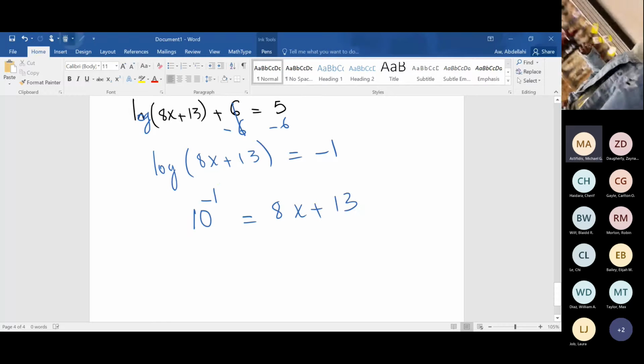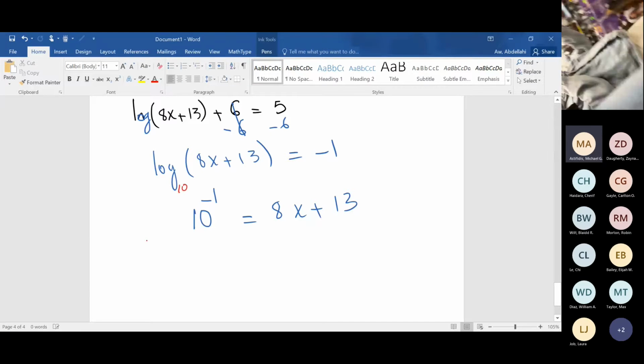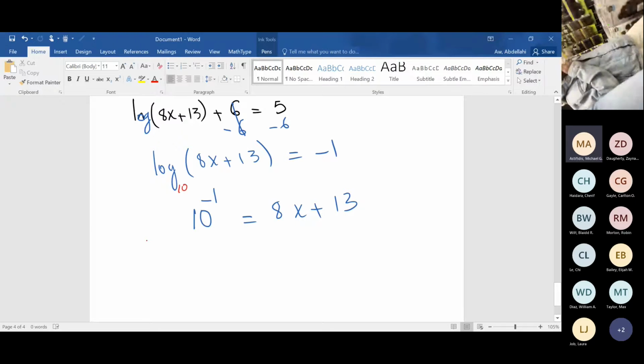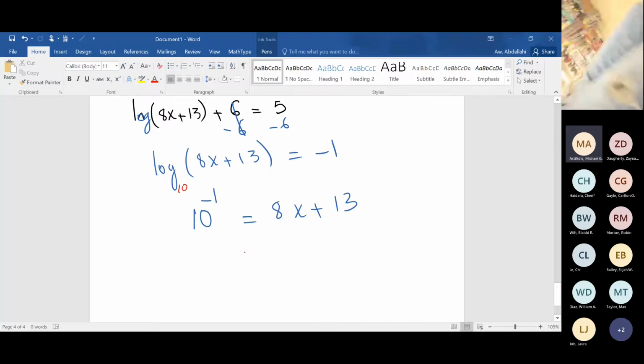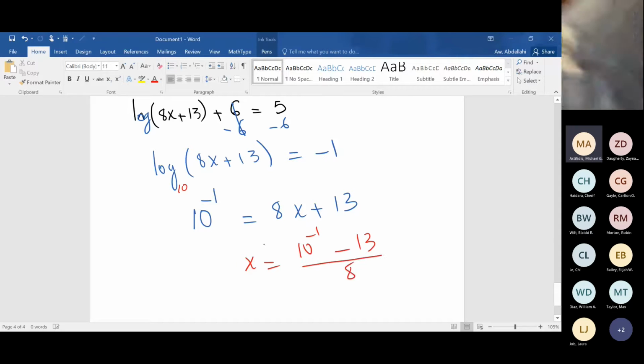Because every time the base is missing, it means it is base 10. Now you solve for x, we get x equal 10 to negative 1 minus 13 divided by 8, right?